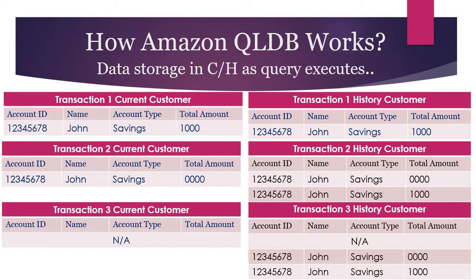Now let's say after some time the customer wants to terminate his account, so he did that, and the current table would look like this, because there is no record. Whereas in the history table we'll get three records: the latest one where we do not have the account of the customer, then 0, and then the initial one, with the latest on top and the oldest at the bottom of the table.